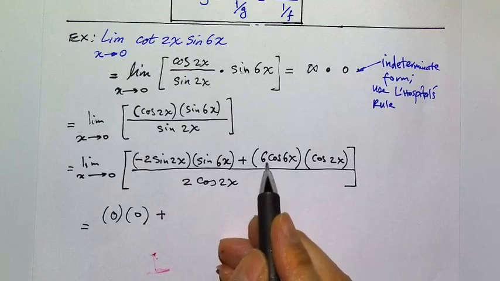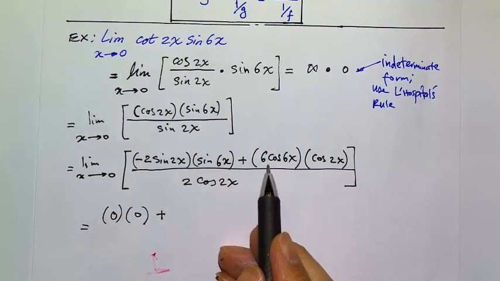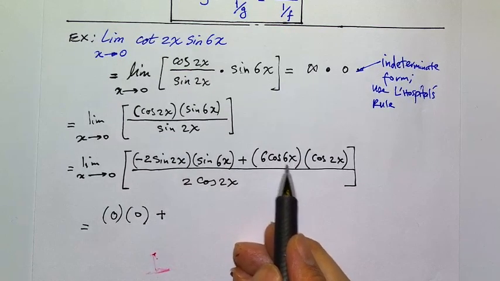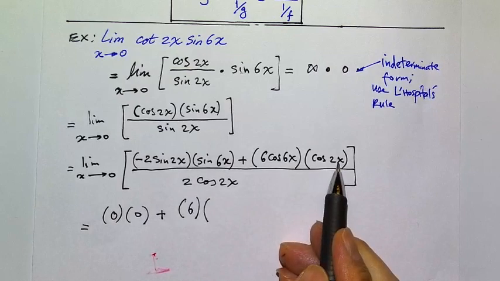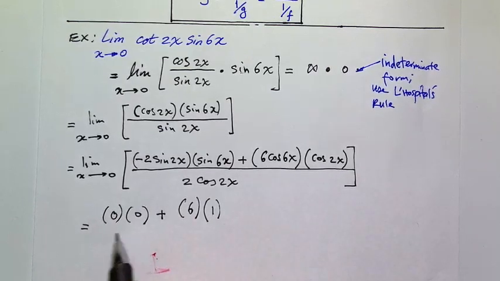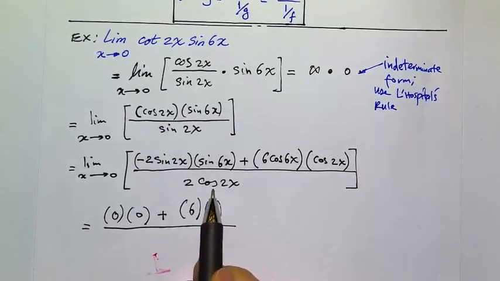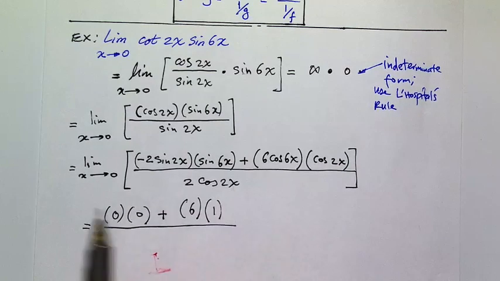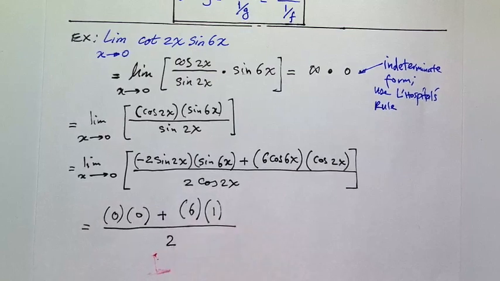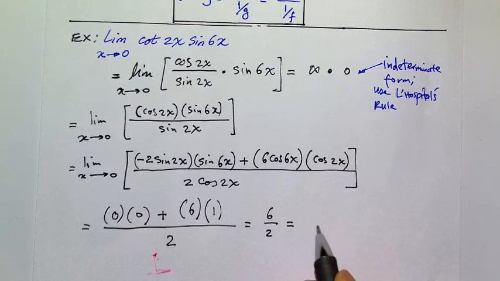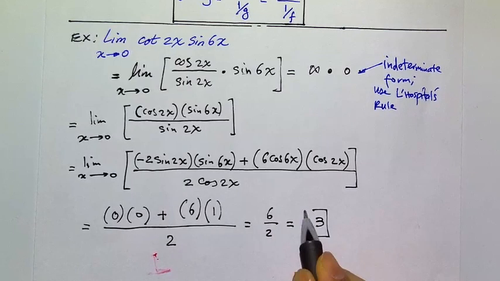Plus 6 times cosine of 0 is 1. 1 times 6 is 6, times cosine of 0 again is 1. So divided by cosine of 0, as we apply the limit, cosine of 0 is 1. 1 times 2 is 2. So we end up with 6 over 2, or the final limit, which is just 3.